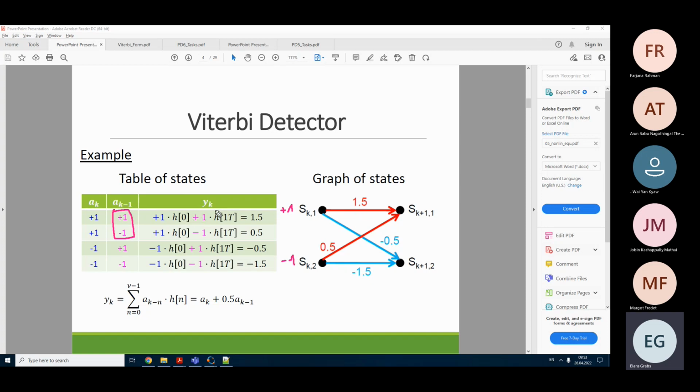If what we transmit right now is +1, then we are going to transition into a new state, which is also +1. So consider that we have this data, +1, +1, +1, let's say -1, -1, +1, and so forth. And our currently transmitted symbol is this one.